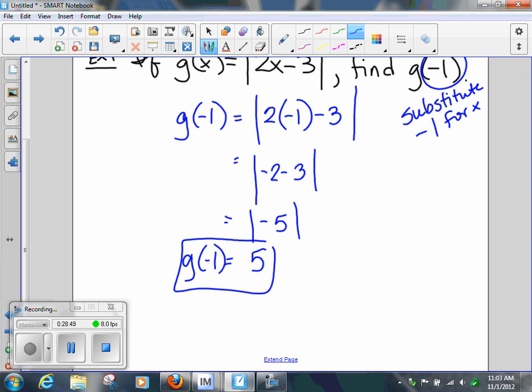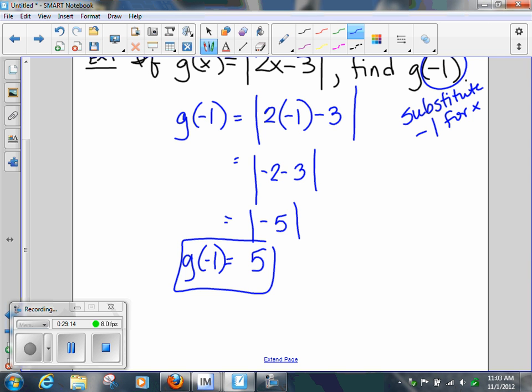Because anywhere I see an x, I'm putting negative 1. It's literally just the substitution property. That's all. Is this facile or difficile? Facile. Right?